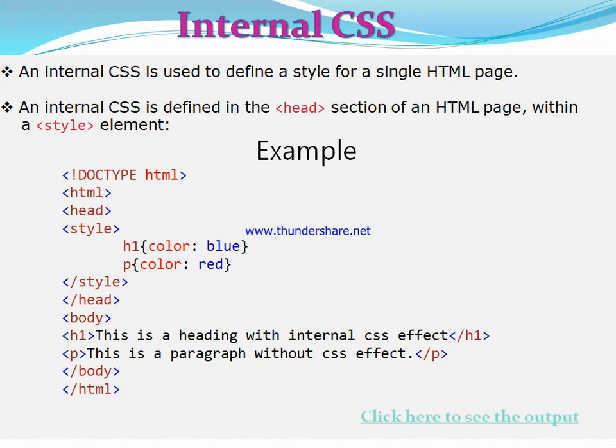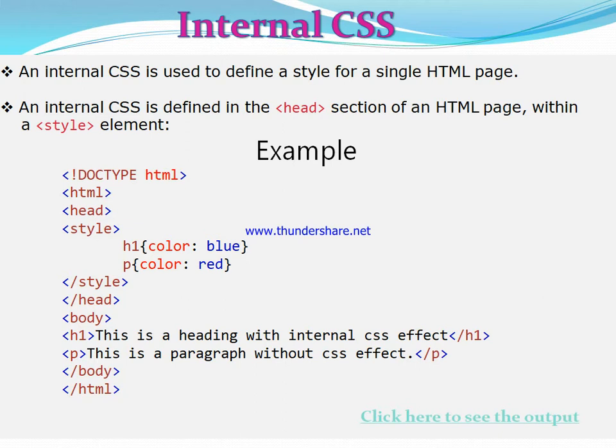Now see the example: HTML tag, head tag, then style tag. In the style tag there are two selectors, H1 and P for paragraph. Here H1 color colon blue and P color colon red. It means the text held by H1 will be displayed in blue color, and the text held by the paragraph will be displayed in red color.